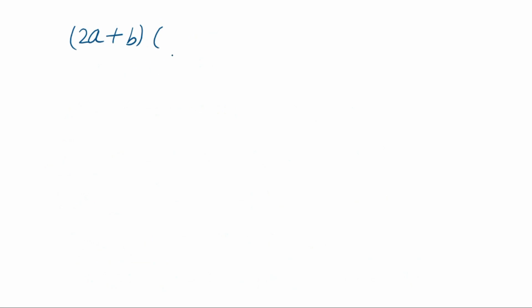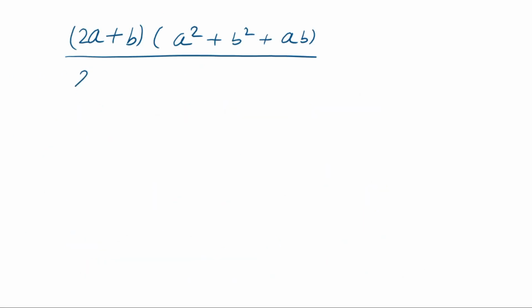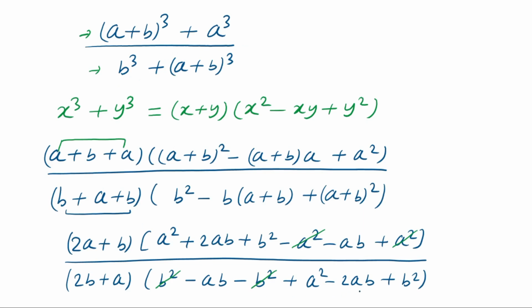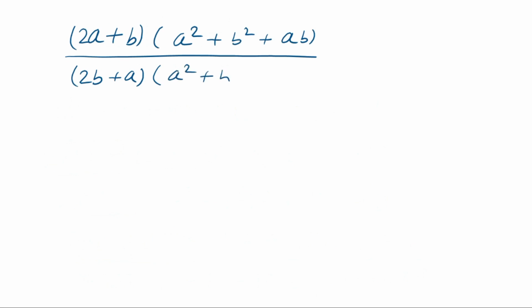So in the numerator we have a² + b² + ab, and divided by (2b + a) multiplied by a² + b², and here (a + b)² gives plus 2ab, and 2ab minus ab is ab. In the denominator, a² + b² + ab. Then this expression and this expression cancel out.